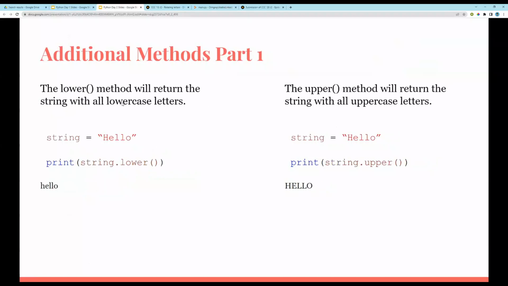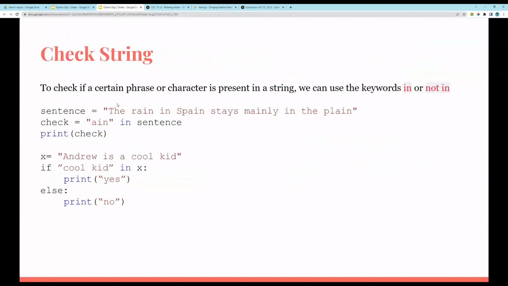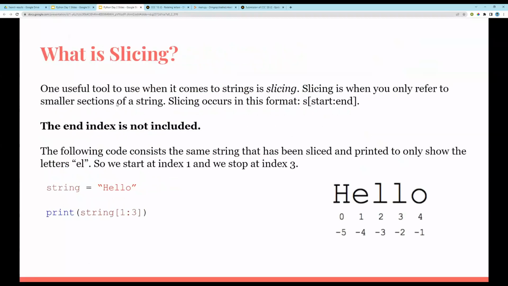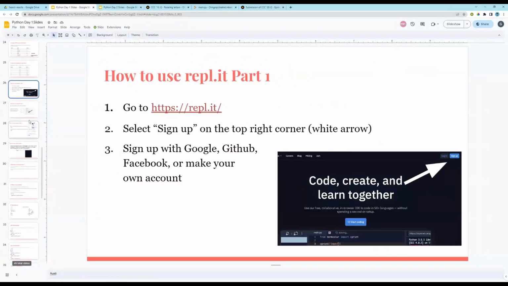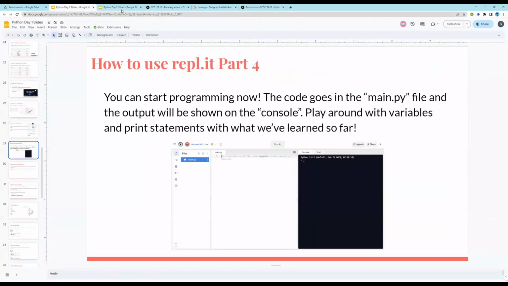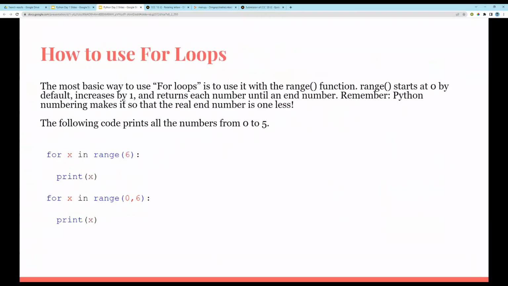I don't think we talked about how to do that, so let's go back to the for loop slide.